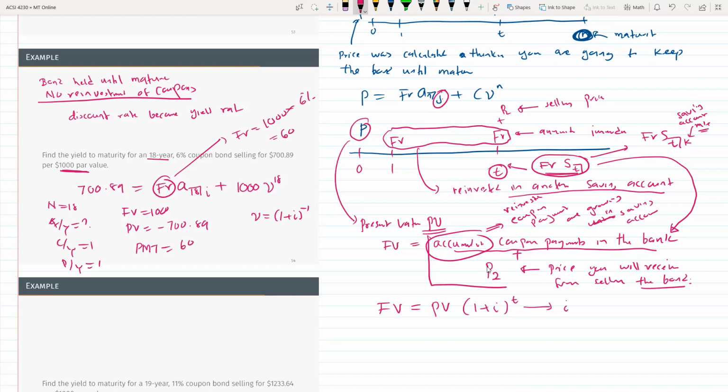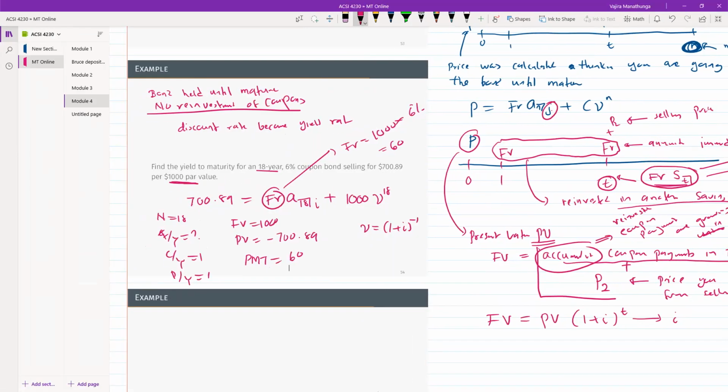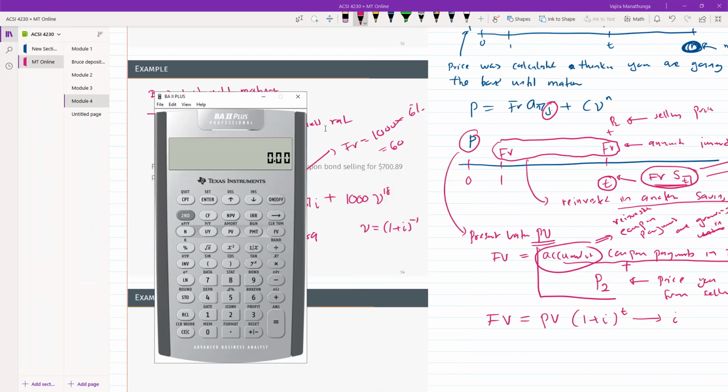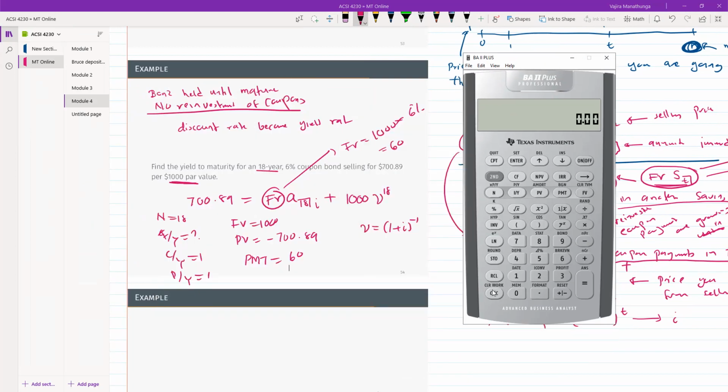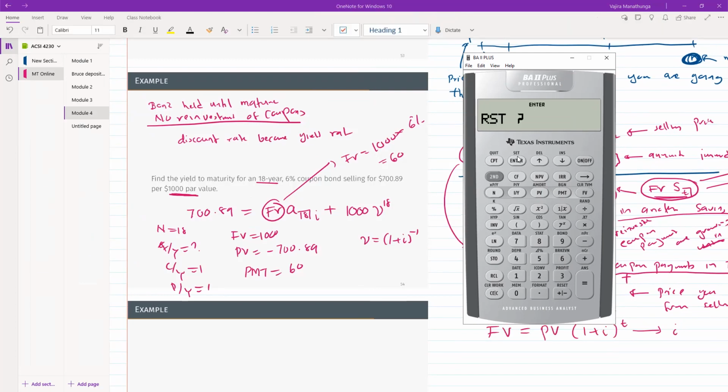Okay, so let's use our calculator and see what we get. Second reset.